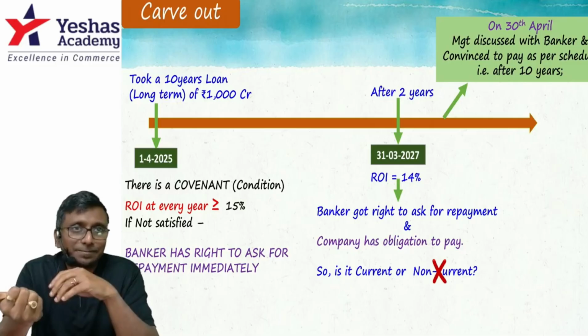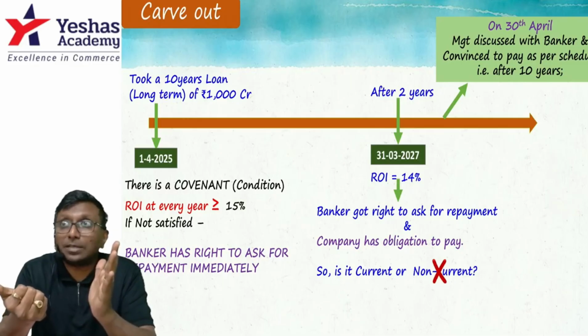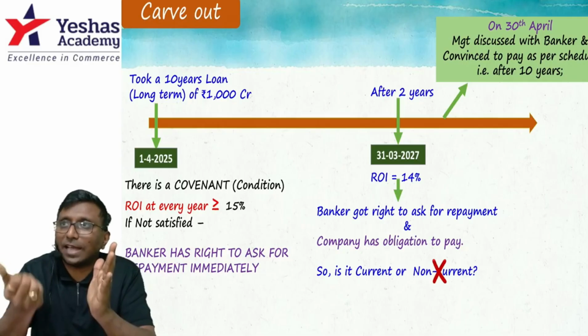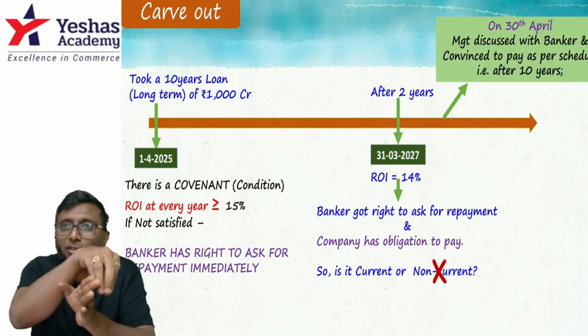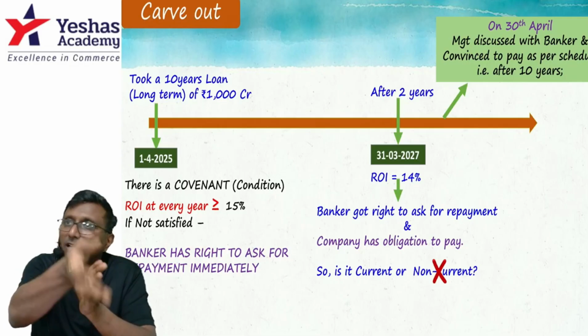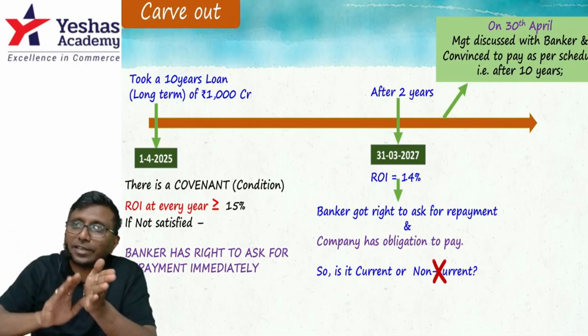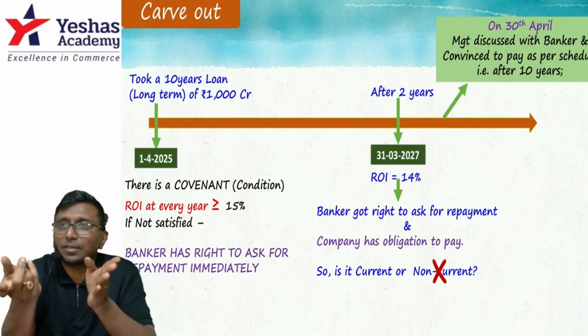If you say adjusting, the loan will become non-current. Adjusting means what? As if the discussion happened on 31st March, you should assume. Understood? He has forgone his right on 31st March. That means he'll come only after 10 years. That means it is non-current. If you say non-adjusting, it will become current.